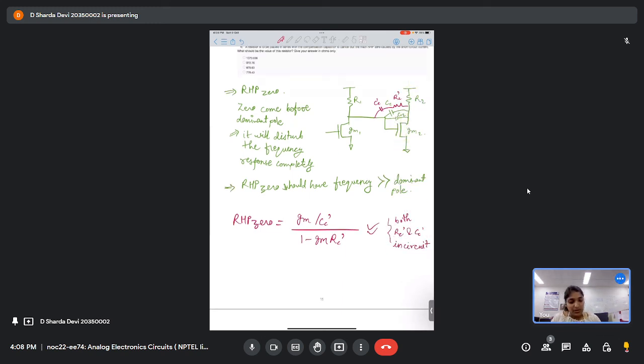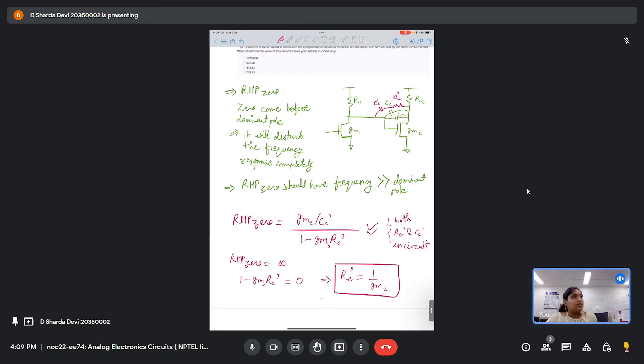Now what we want is that the frequency of our RHP 0 should be much higher, and if it becomes infinity, then it's well and good. So for the case when RHP 0 is equal to infinity, 1 minus Gm Rc dash should be, and mind you, this is Gm2, equal to 0. So this makes Rc dash equal to 1 upon Gm2.